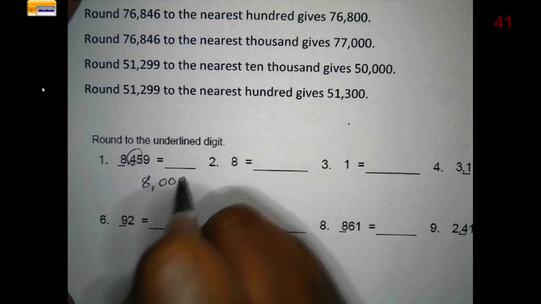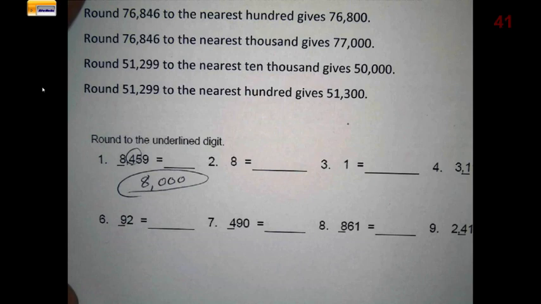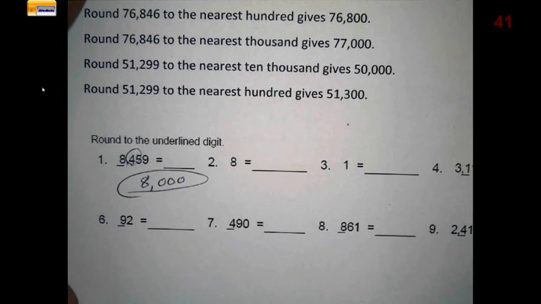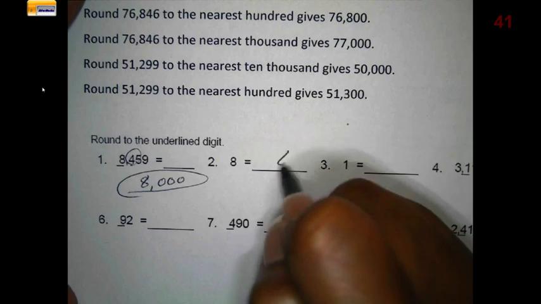I'm just going to write it underneath because I write so big. What about number 2? I just have the whole number 8. Is anything underlined? What place value do I have? The 8 is in what place value? The ones. Okay, so if I'm rounding to the ones, it's just 8.